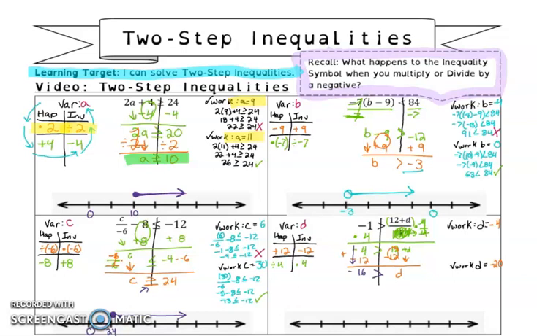All right, so let's work through these really quick. So we've got -1 is greater than 12 plus -4 divided by 4. We're going to do everything in our numerator first, right? Because that's a group. So we have 12 minus 4. Well, that's 8. And then we have our fraction divided by 4.